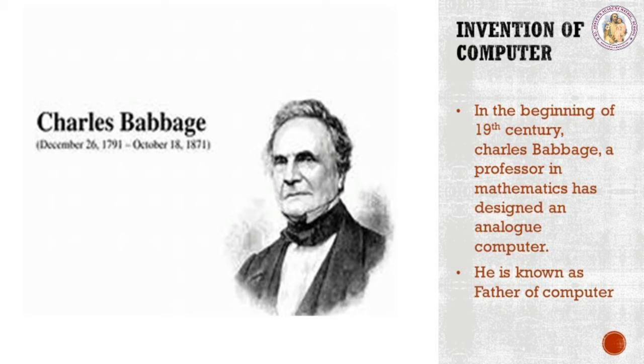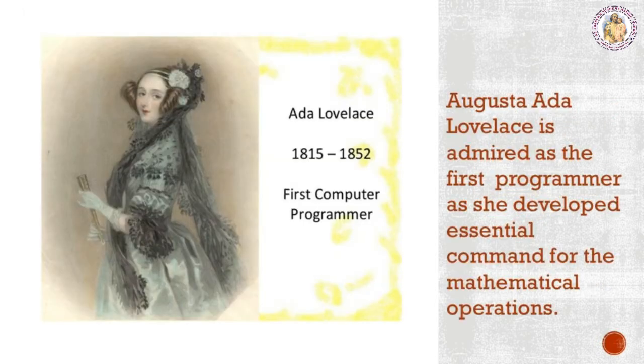He is known as the father of the computer. The basic structure designed by him is being used in all computers. So, what is an analog computer? An analog computer is a type of computer that uses the continuously changeable aspects of physical phenomena such as electrical, mechanical, or hydraulic quantities to model the problems being solved.